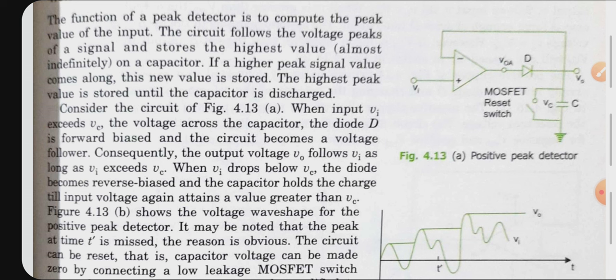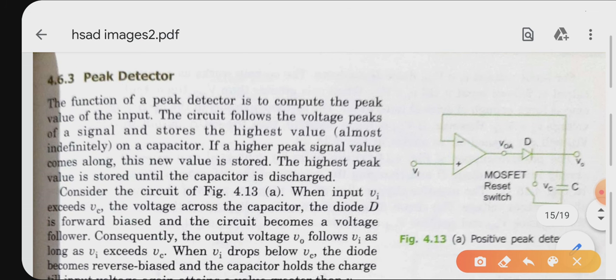The circuit follows the voltage peak of any applied input signal and stores the highest value on a capacitor. As you can see, there is an operational amplifier, then there is a diode and a capacitor, and a switch arrangement. In the feedback, no feedback resistor is used, and here you are getting the output voltage.